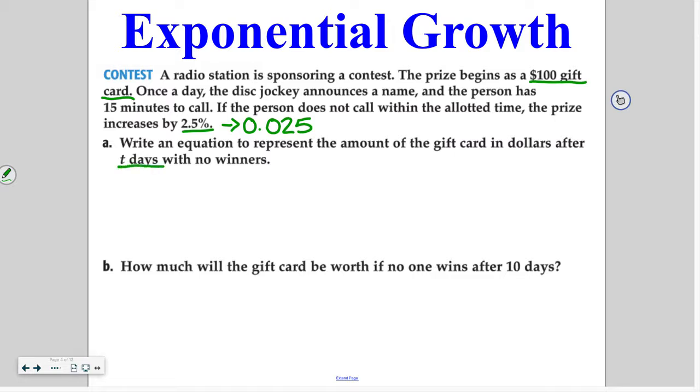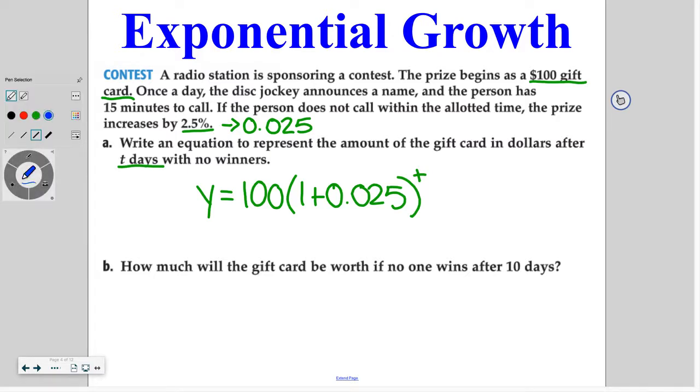Then it's asking us for t days, so that's just going to be our general variable right now. So you would write the equation out to say y is equal to 100 in parentheses 1 plus 0.025 to the t power. It's not giving us a specific number of days, it is just asking us for the general equation.